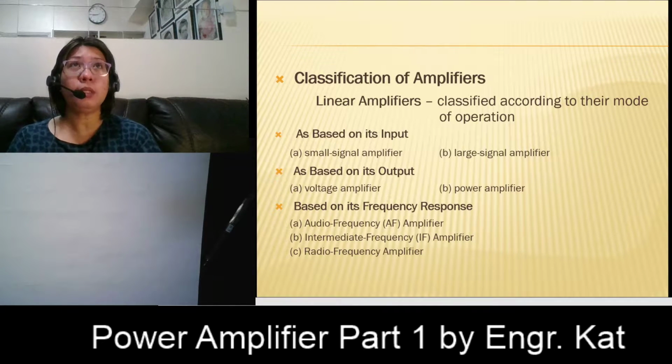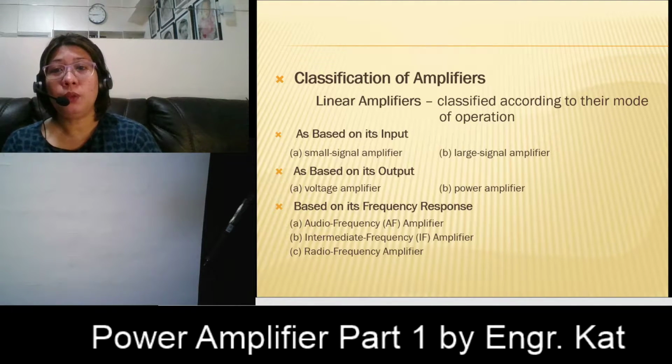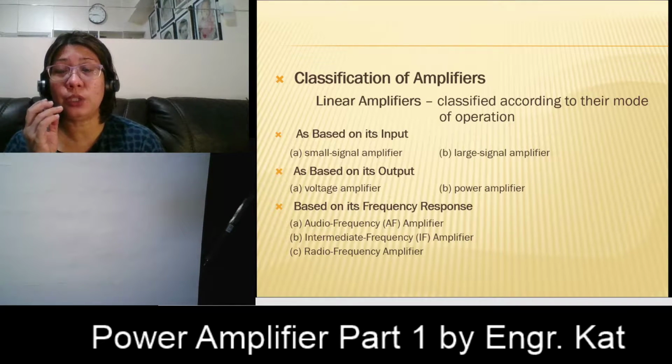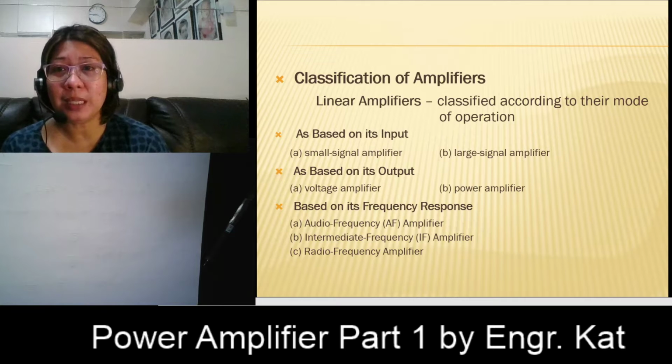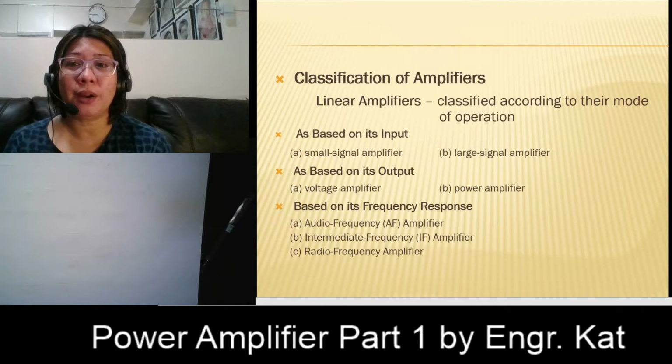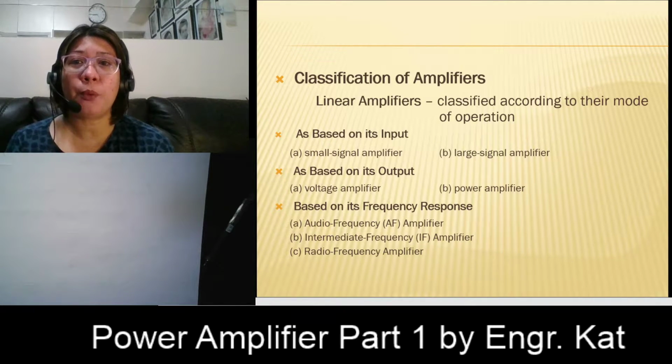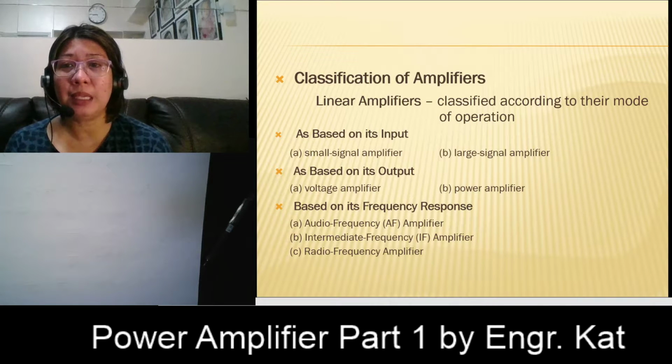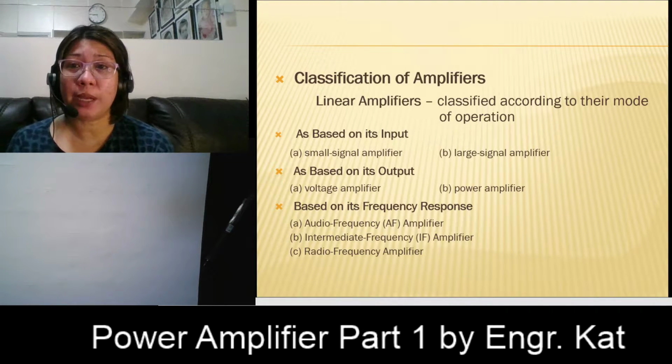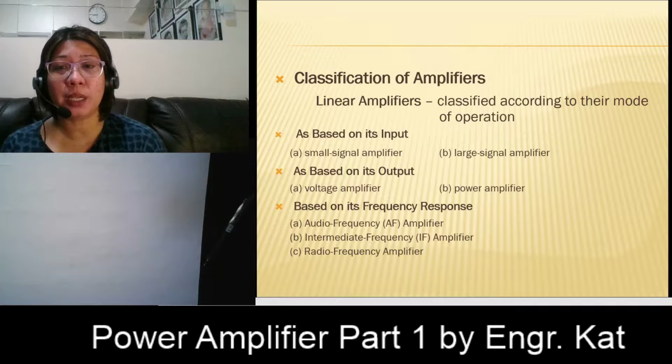Mostly those being used in communications or sound systems are usually classified as power amplifiers, because if we buy speakers or amplifiers, for example, they are rated in terms of wattage instead of voltage.